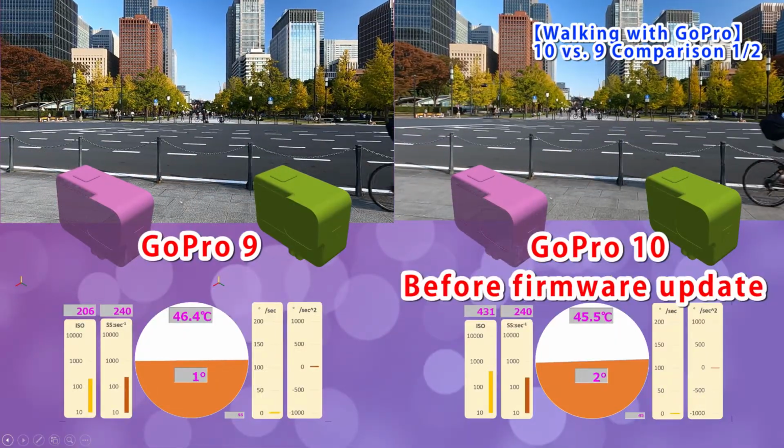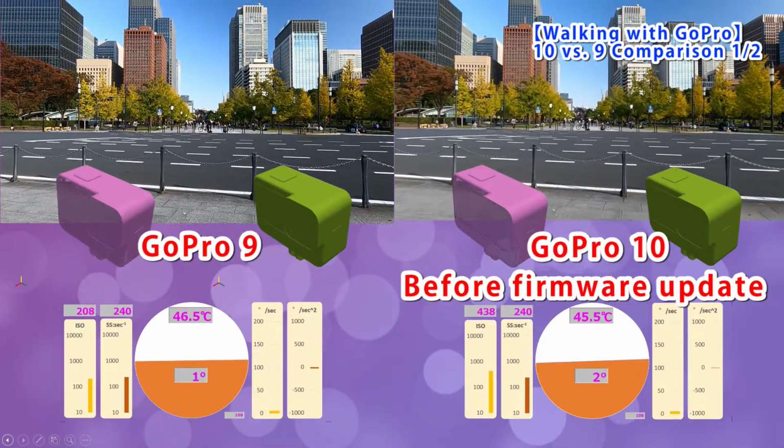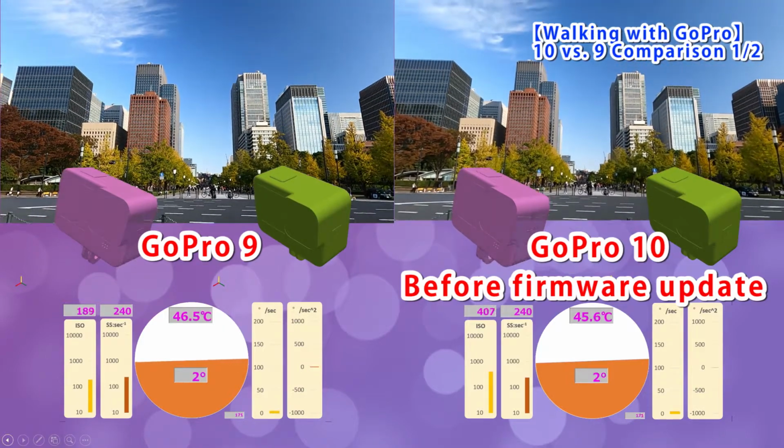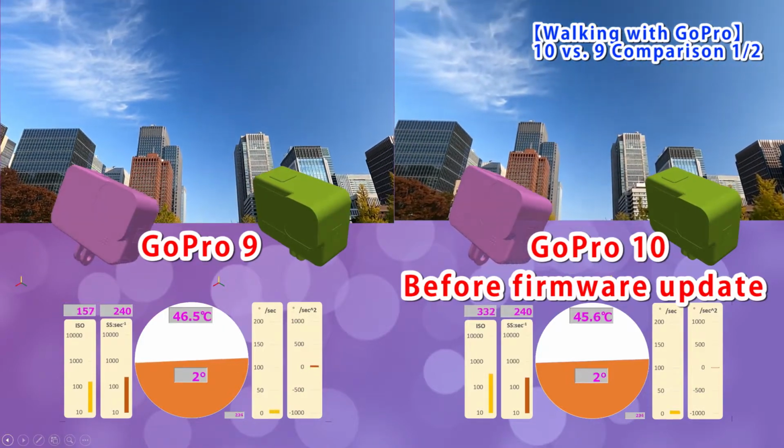Regarding the slimy behavior of GoPro 10 in the Kasai Rinkai Park video, I am going to compare it with a similar pan operation before the version update.